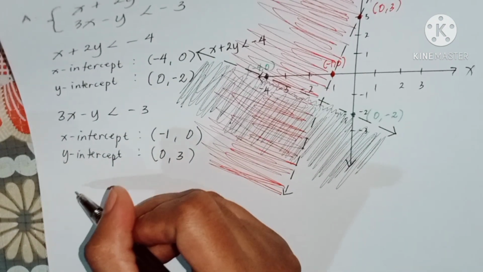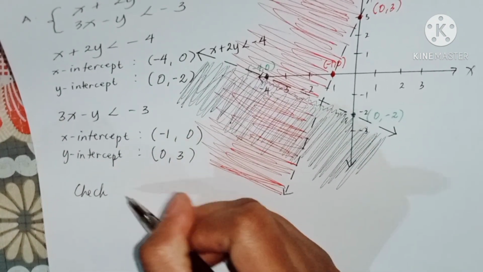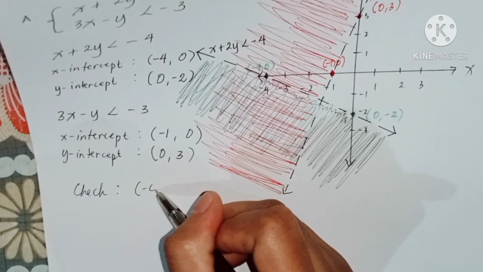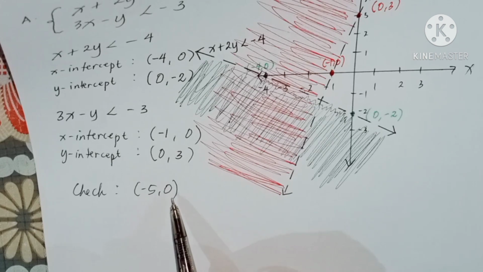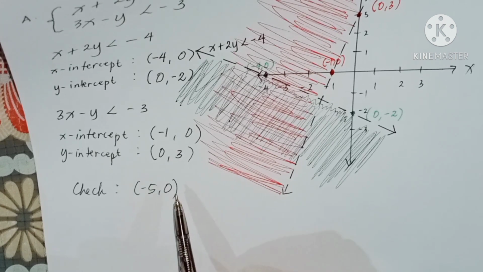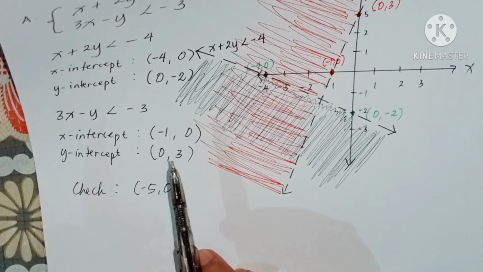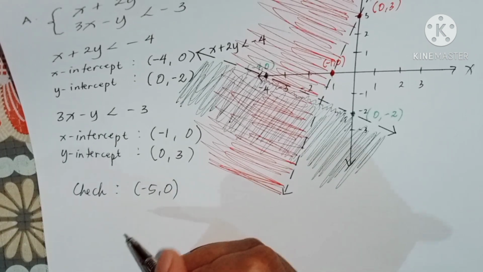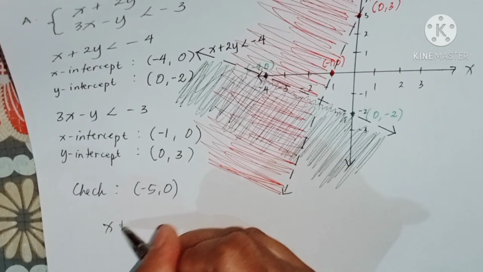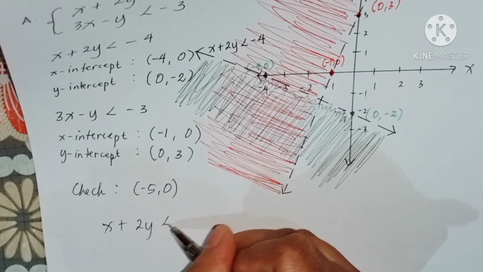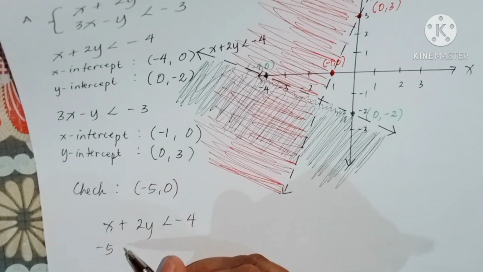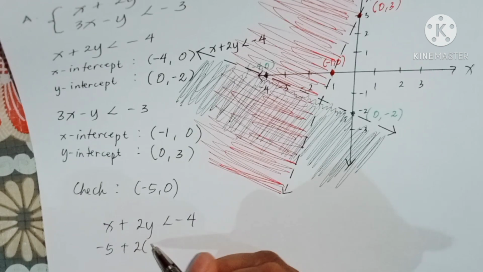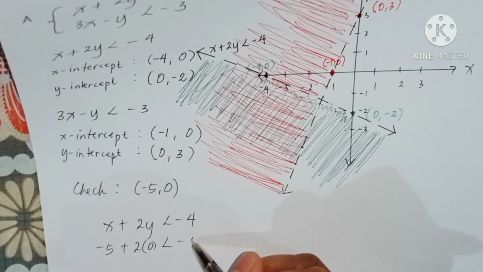So let's try this. So check negative 5, 0. If negative 5, 0 will be true on both linear inequalities. So we have x plus 2y less than negative 4. So negative 5 we substitute, plus 2 times 0 less than negative 4.